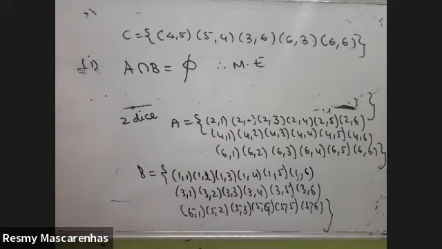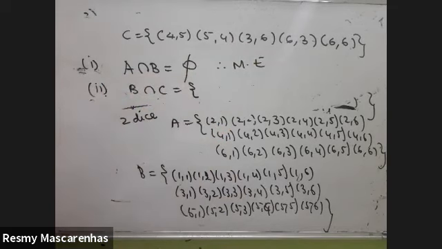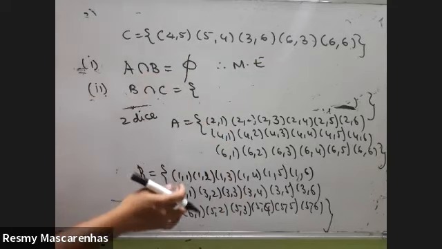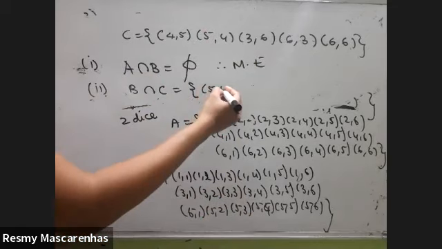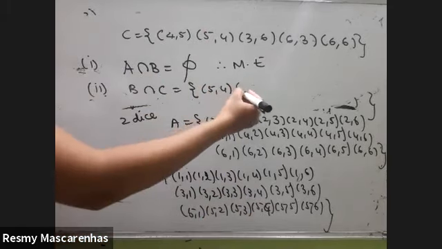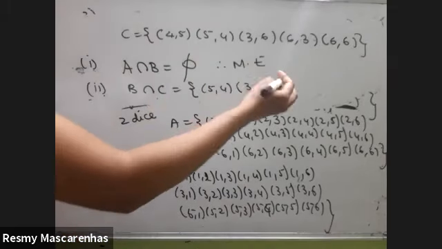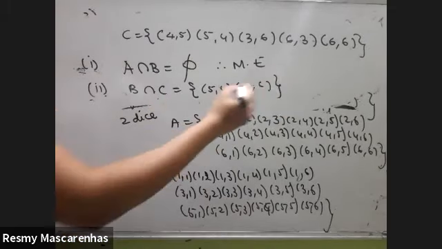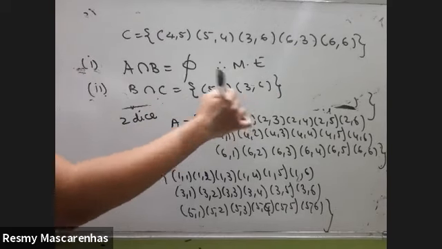B and C. No, these are the elements which are there, no? 5 comma 4 is there. 3 comma 6 is there. Okay, these two are there. So it is not equal to empty. It should have been empty.